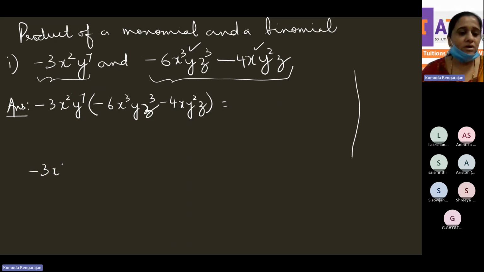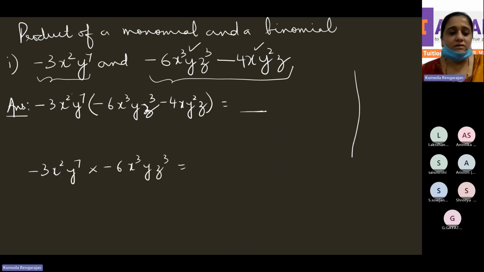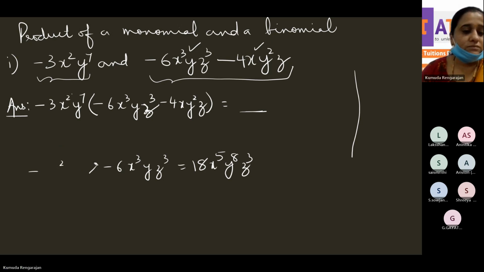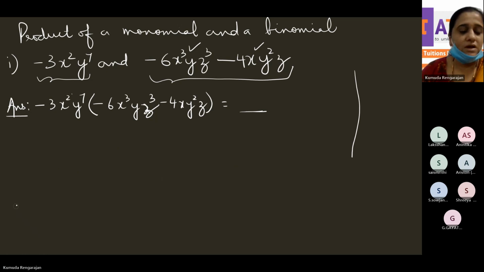I'll just write it here for you. We have to multiply this one. So you can write the answer directly here. How do you multiply? -3 into -6, minus into minus is plus, 3 into 6 is 18. X squared into x cubed is x to the power 5, and y to the power 7 into y is y to the power 8, and z cubed.